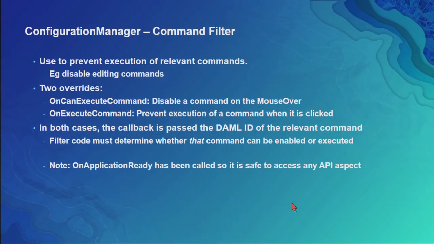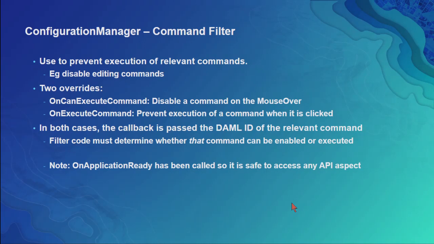So finally, we're looking at the command filter function of the configuration manager. This is used to prevent the execution of any relevant commands. For example, we show an example where we just disable editing commands. There's two overrides for commands. We have the onCanExecute command, which disables a command on mouse over and also when it's initially displayed.